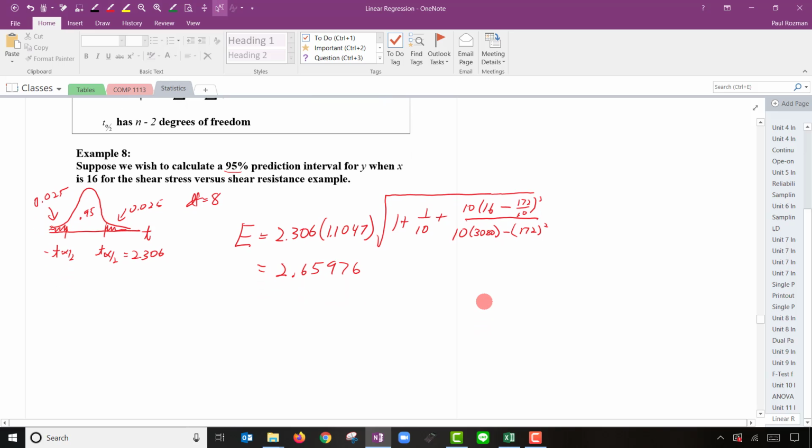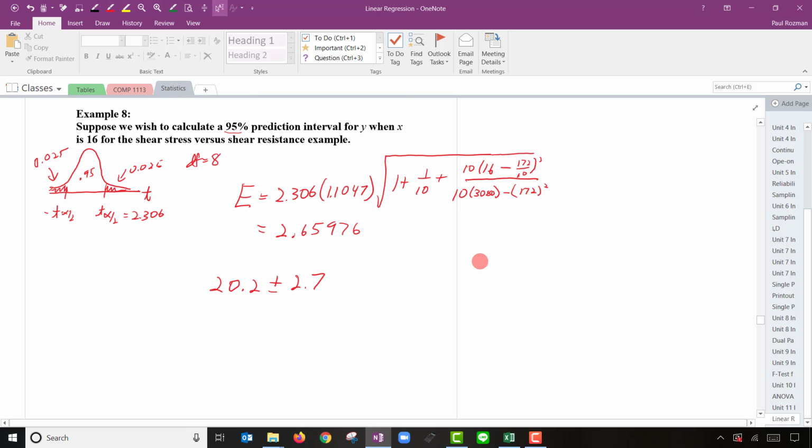So we would say that the actual predicted value is 20.2 plus or minus 2.7. And what are the units there? They were kilonewton per meter squared. Or you could write it in interval notation: 17.6 up to 22.9.